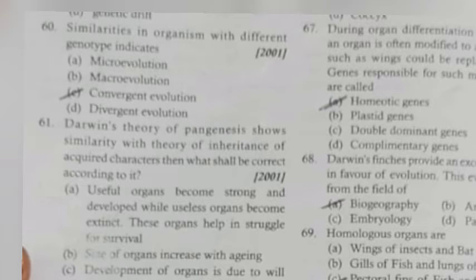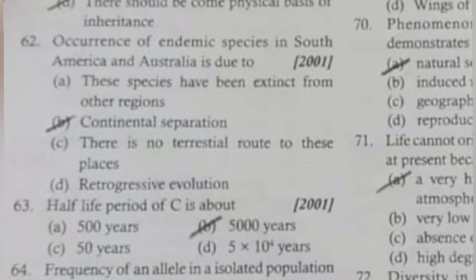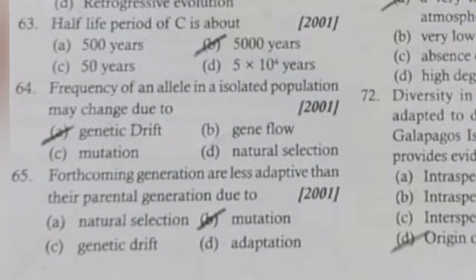Next one is similarities in organisms with different genotypes indicate, answer is convergent evolution. Next is occurrence of endemic species in South America and Australia is due to, answer is continental separation. And next one is the half-life period of carbon is about 5000 years. So we have to just remember the year, they may ask.